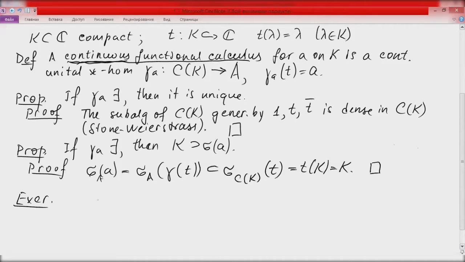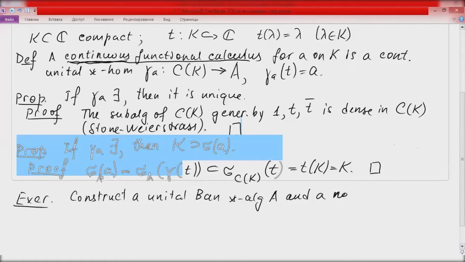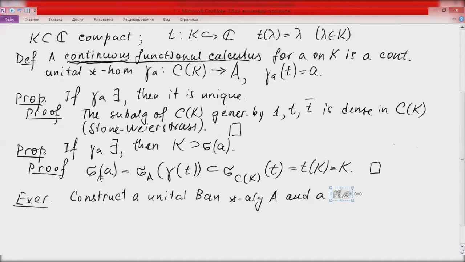So construct a unital Banach star algebra A and a normal element little a such that the continuous functional calculus gamma_a never exists, whatever the compact set K is.